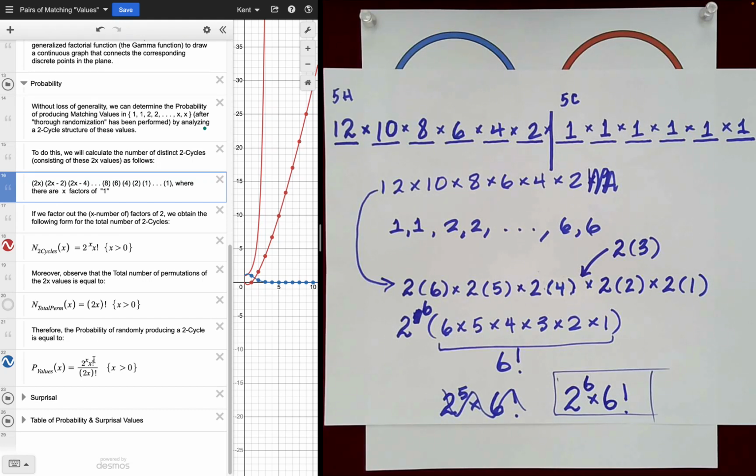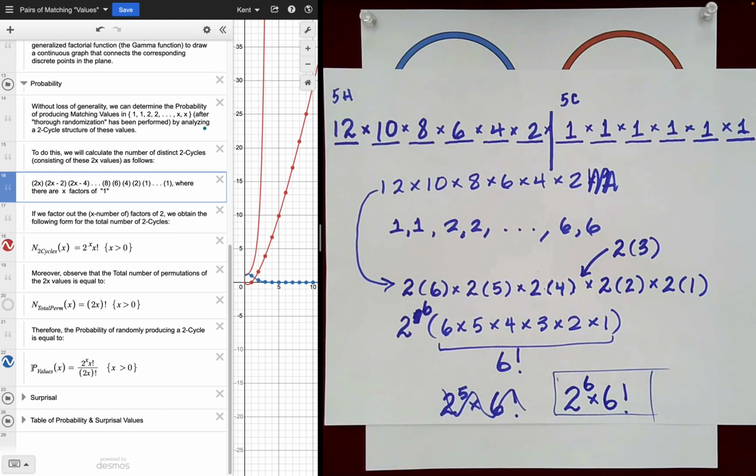So we would simply take the number of 2-cycles that can be formed divided by the total number of permutations of those 12 distinct cards. So that's what the blue one is here, the probability. So the probability is very, very small. As x gets big, these probabilities just head towards 0 in a big hurry.